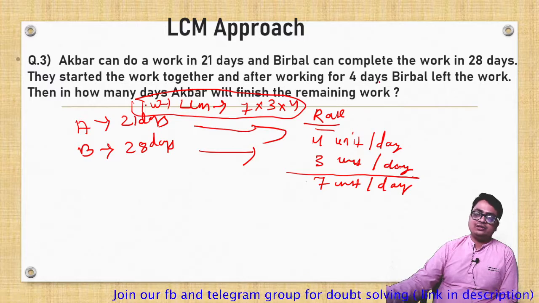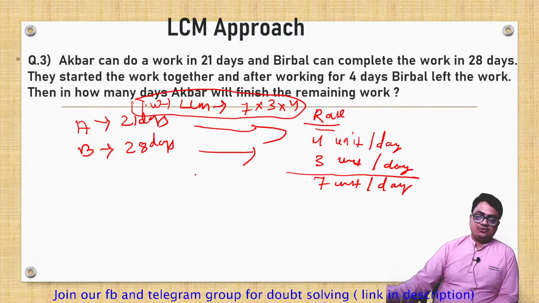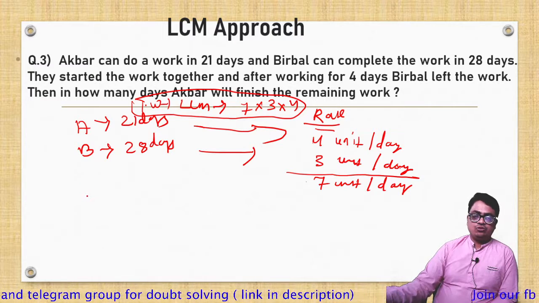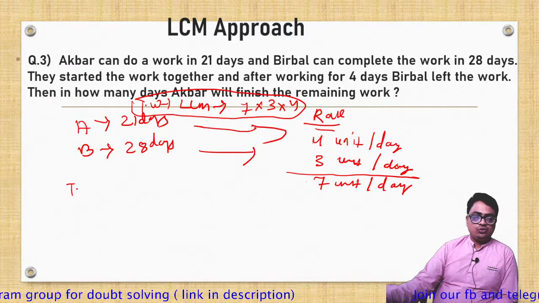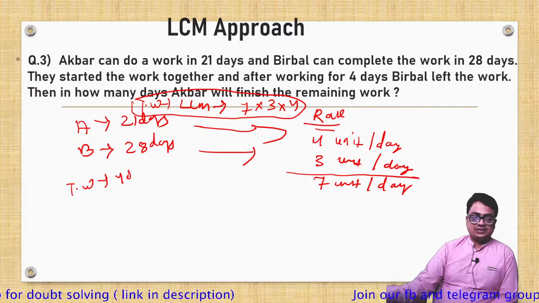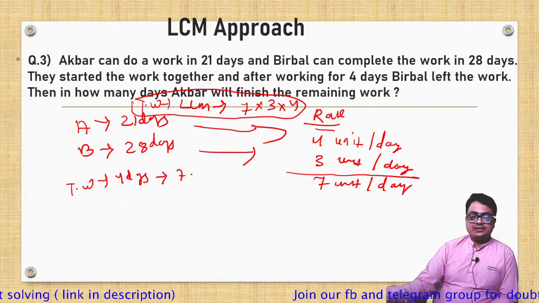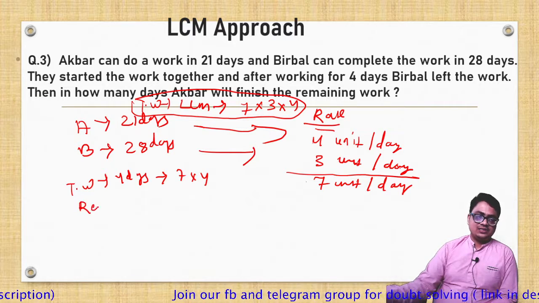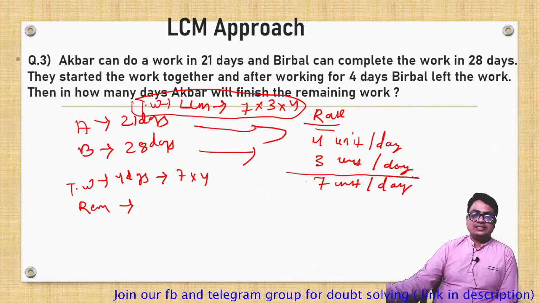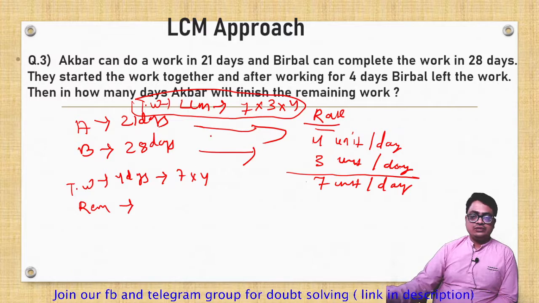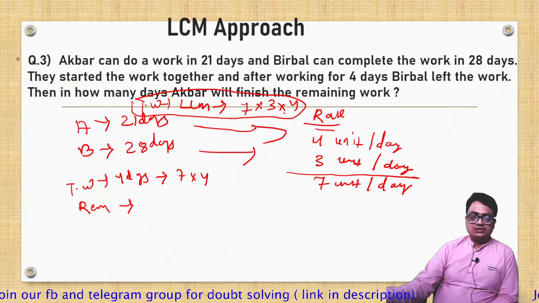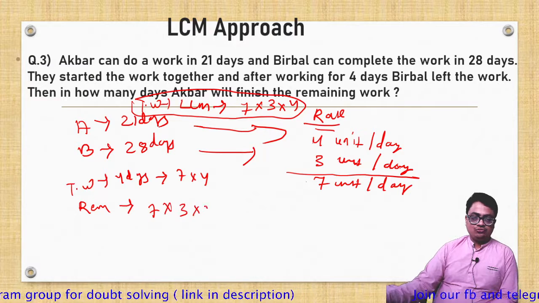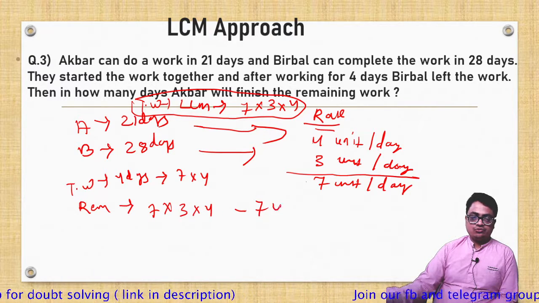So they work together for 4 days. So total work in 4 days will be 7 into 4 units of work. So remaining how much? The total work here is nothing but 7 into 3 into 4. So 7 into 3 into 4 minus 7 into 4.